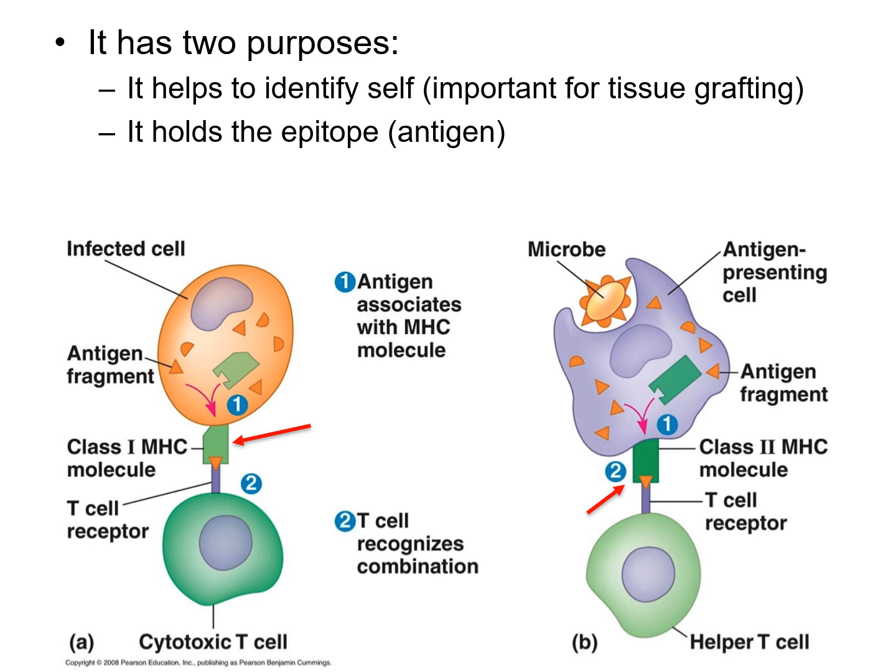That marker, or glove, has two purposes. It helps to identify self, and it holds the epitope. So I think of it as a glove because it's holding that epitope. It's holding the thing that is foreign. Remember, the exogenous or endogenous antigen can be broken down into an epitope. So it can be held in that glove.